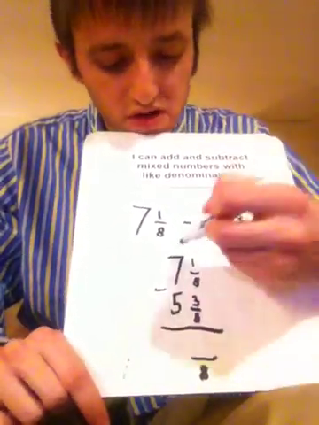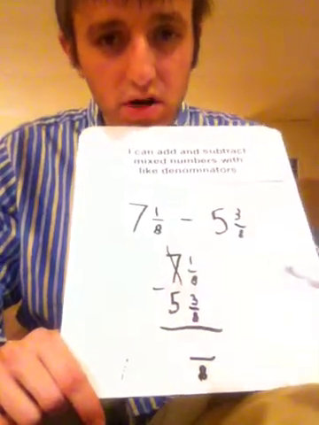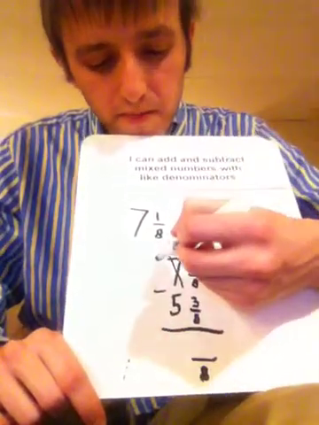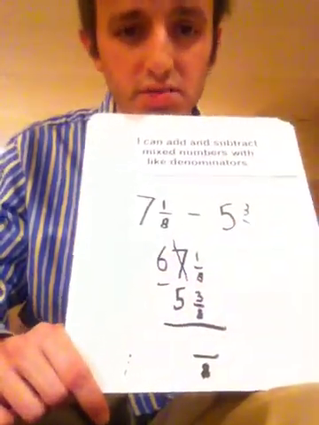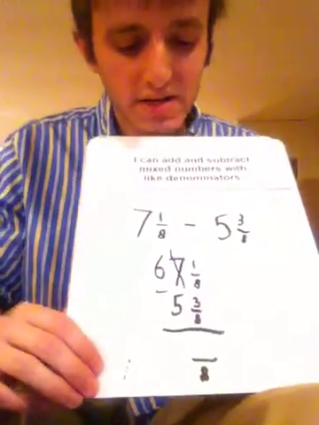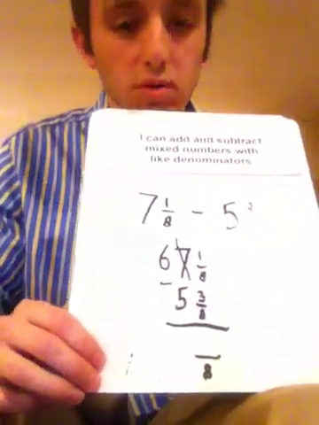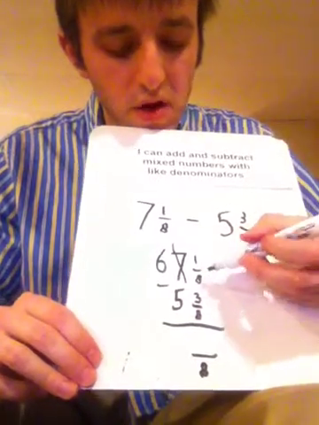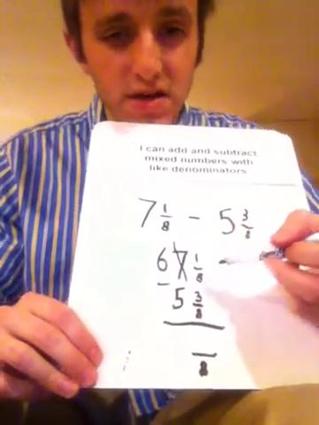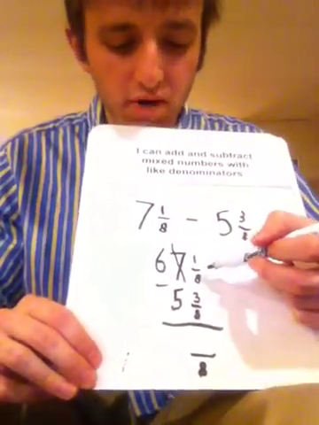We need to go next door to our 7 and borrow. So we're only going to borrow 1 whole. Now this is the trickiest part. What makes up a whole with this fraction right here? Well, if you look at our denominator, it's an 8. So a whole would be 8/8.